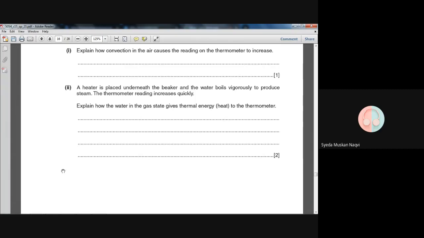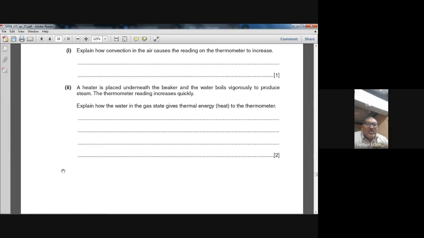Okay. The second part is a heater is placed underneath the beaker and the water boils vigorously to produce steam. The thermometer reading increases quickly. Explain how the water in the gas state gives thermal energy to the thermometer. You see what happens, that when the water starts boiling, the steam or the water vapors, they are rising upward. And when they are rising upward, that steam comes in contact with the thermometer.